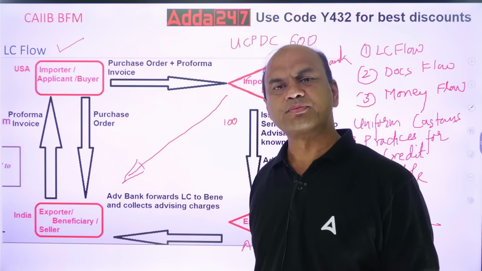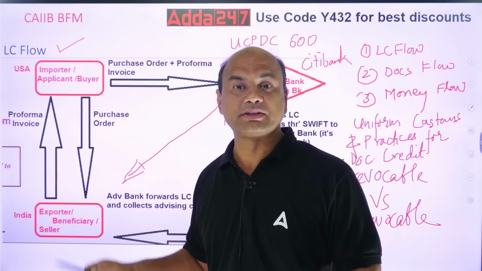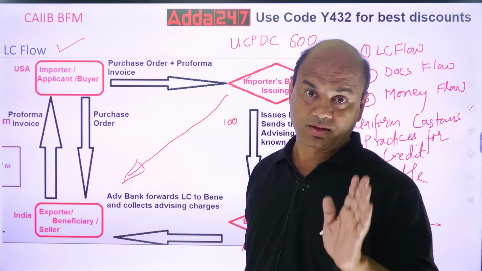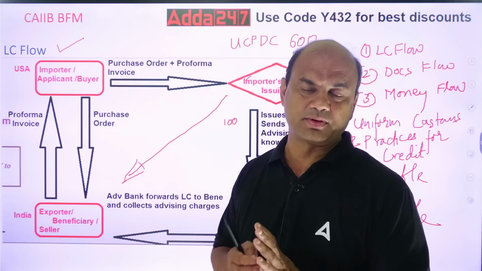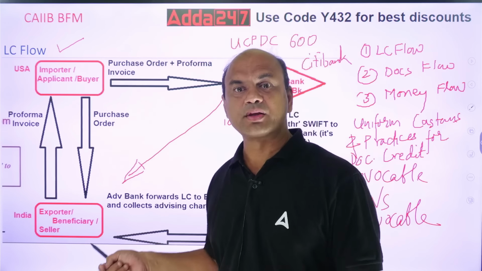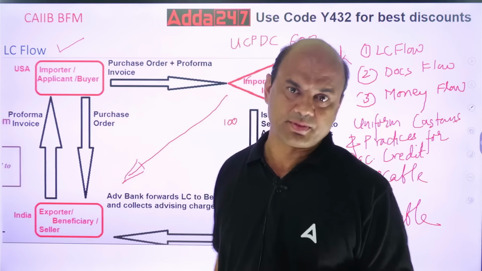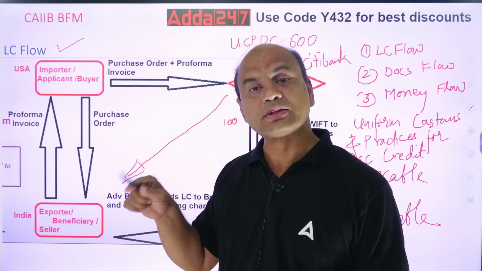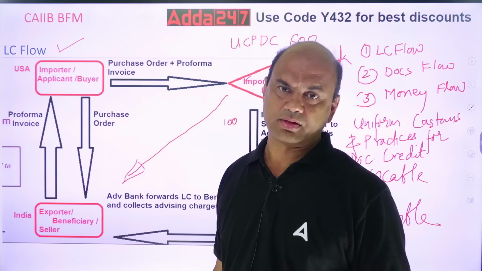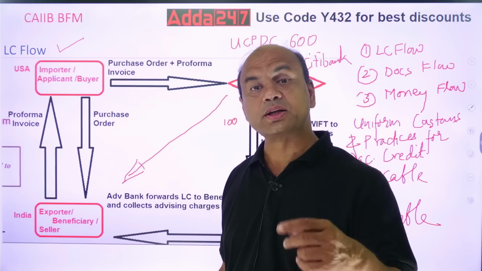Now the exporter has received the LC, the authentic physical document. Now this seller is confident that I will get the payment. So this seller will start manufacturing the goods.